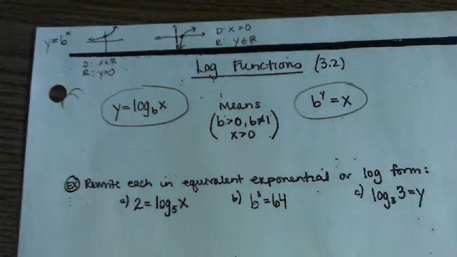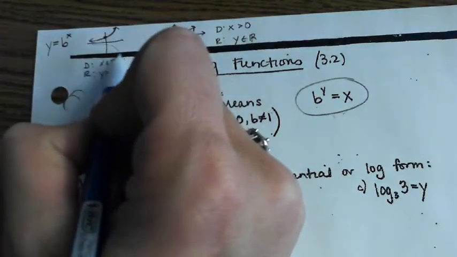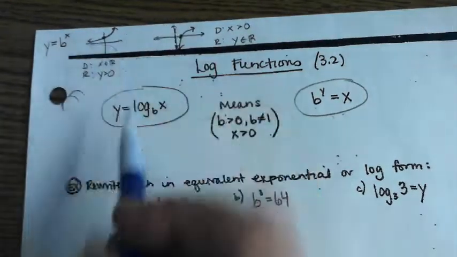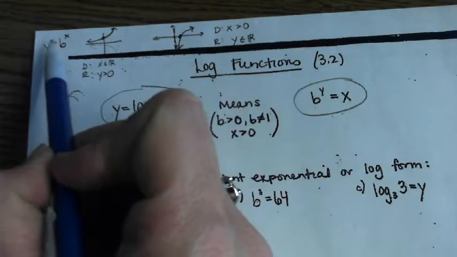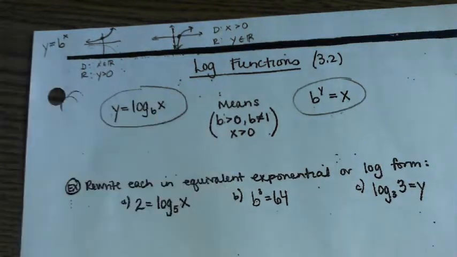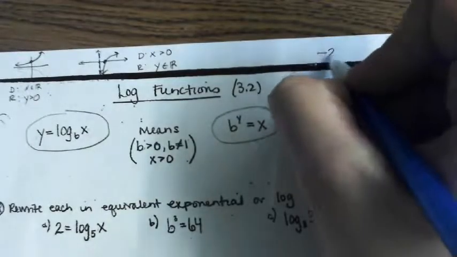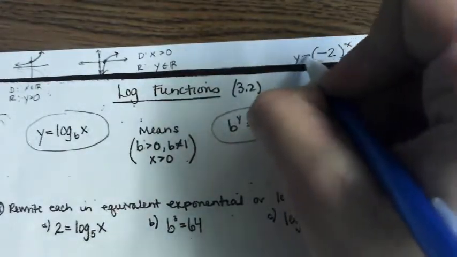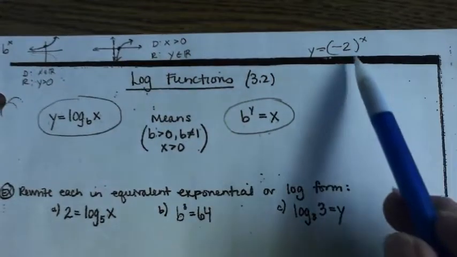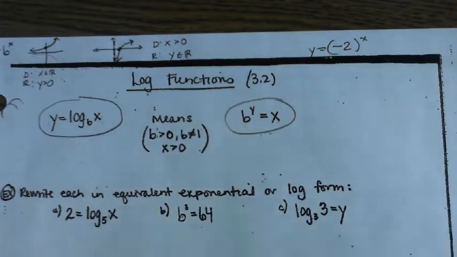So like this? No, that would happen if you put a negative out in front, like a negative b to the x. I'm talking, what if b itself is a negative number, like negative 2 in parentheses to the x power? What would be the problem with something like that if your base wasn't greater than 0?